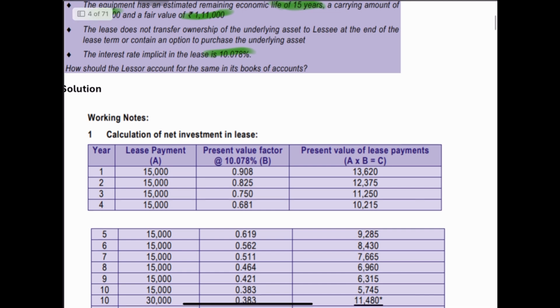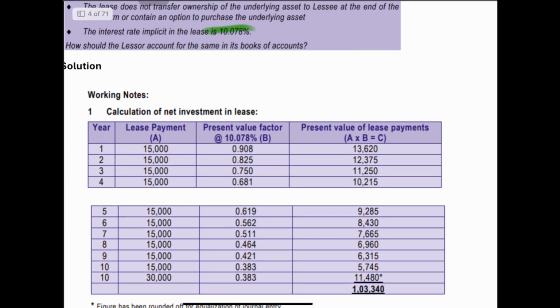Here you can see these are the lease payments. Every year at the end of the year, the lessee has to pay the lessor 15,000 rupees. So for the 10 years, we have plotted 15,000 rupees yearly. And in the last year there is another 30,000, which is the guaranteed residual value.